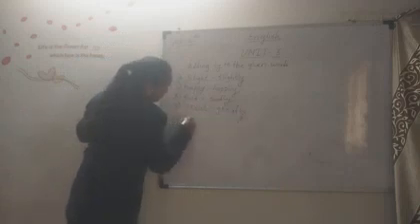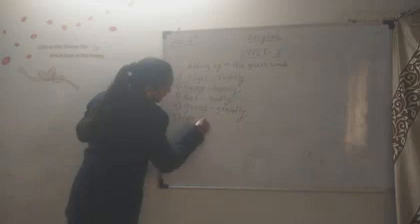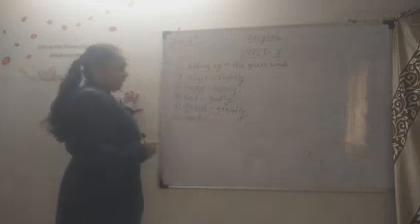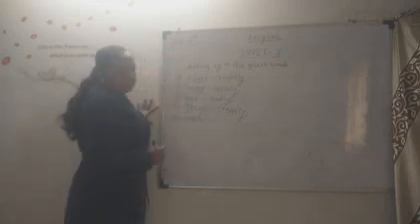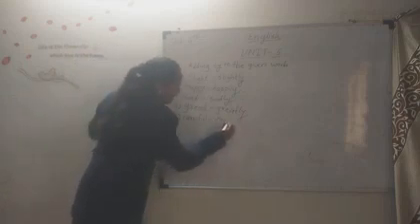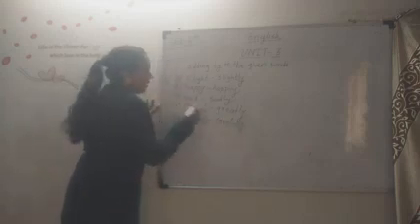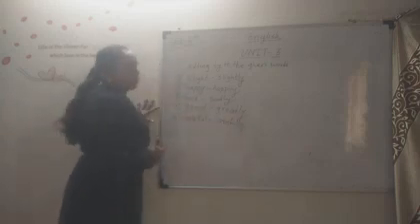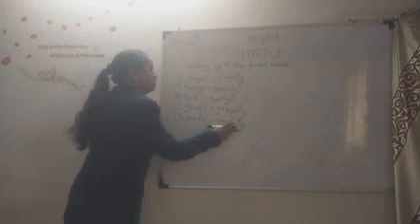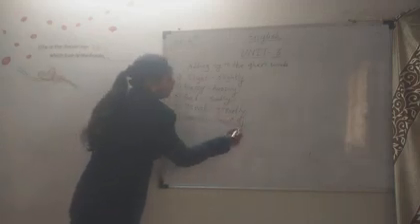Careful, C-A-R-E-F-U-L, careful. How do you add the ly? C-A-R-E-F-U-L-L-Y. This L is converted into a double L and then you add the Y, which means that we add the ly.